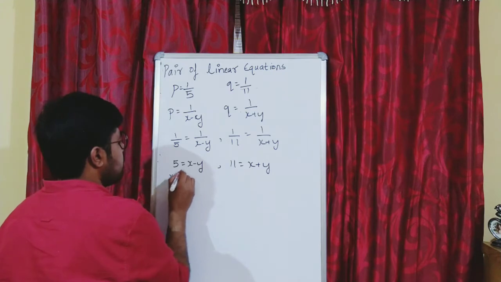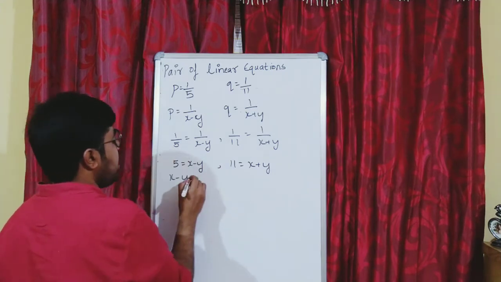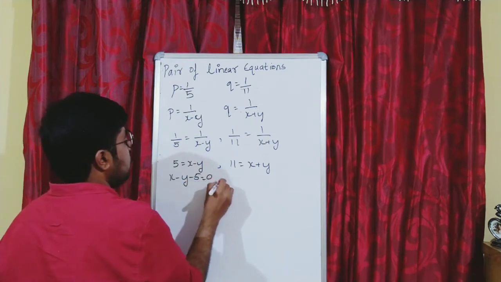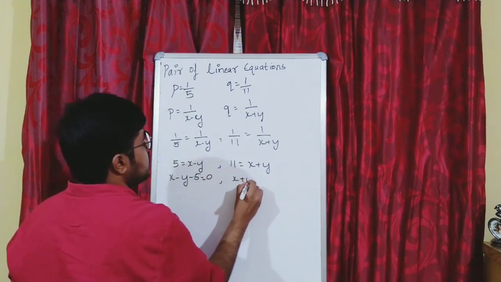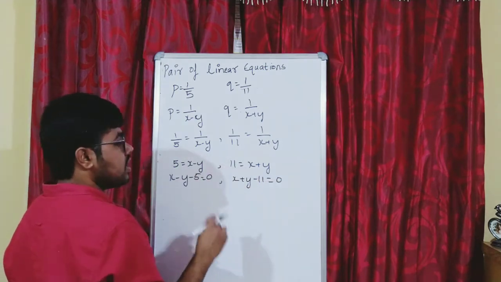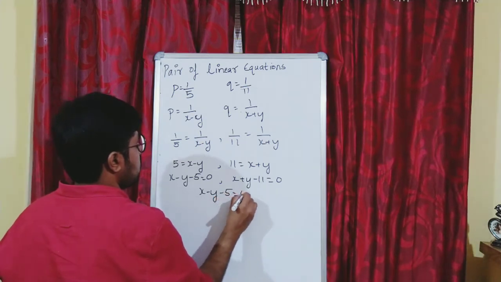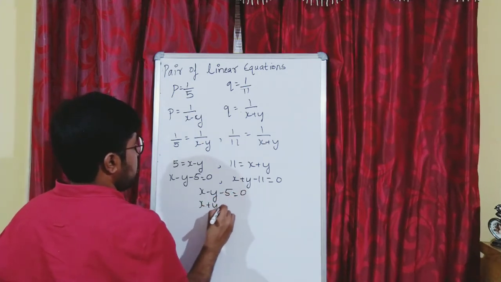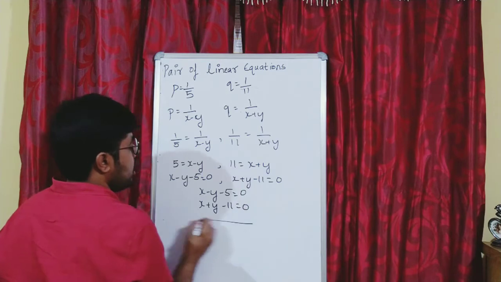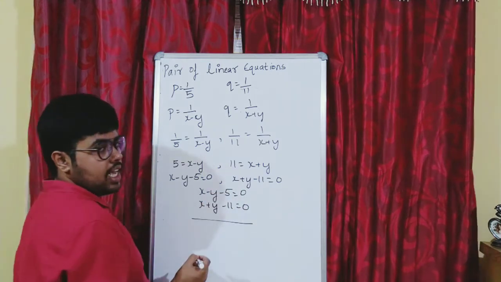So this equation becomes, I will take the 5 this side, so this becomes x minus y minus 5 equal to 0. Here similarly x plus y minus 11 equal to 0. Now we have again two equations, again the elimination method. Here you can see already the signs are opposite for the y, so therefore you can directly cancel it off.